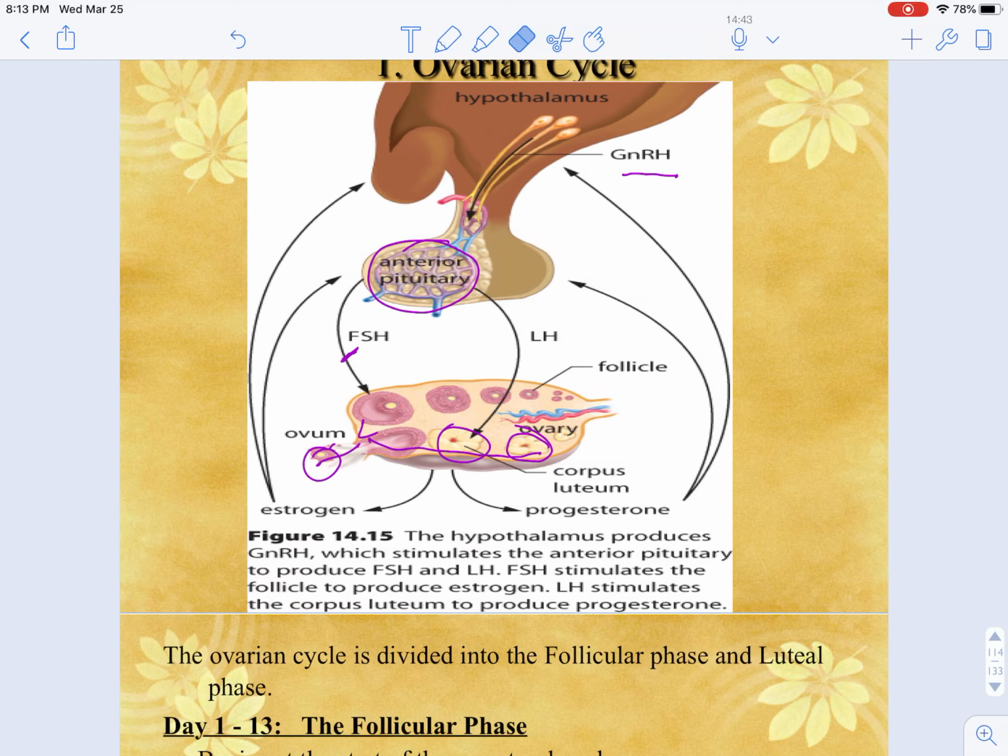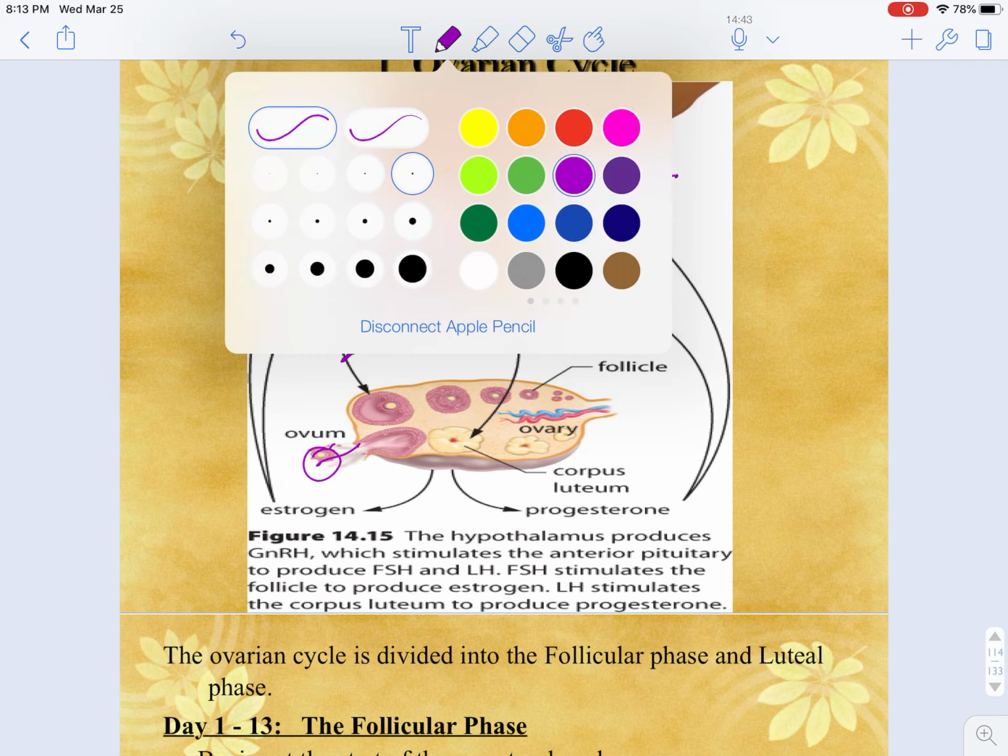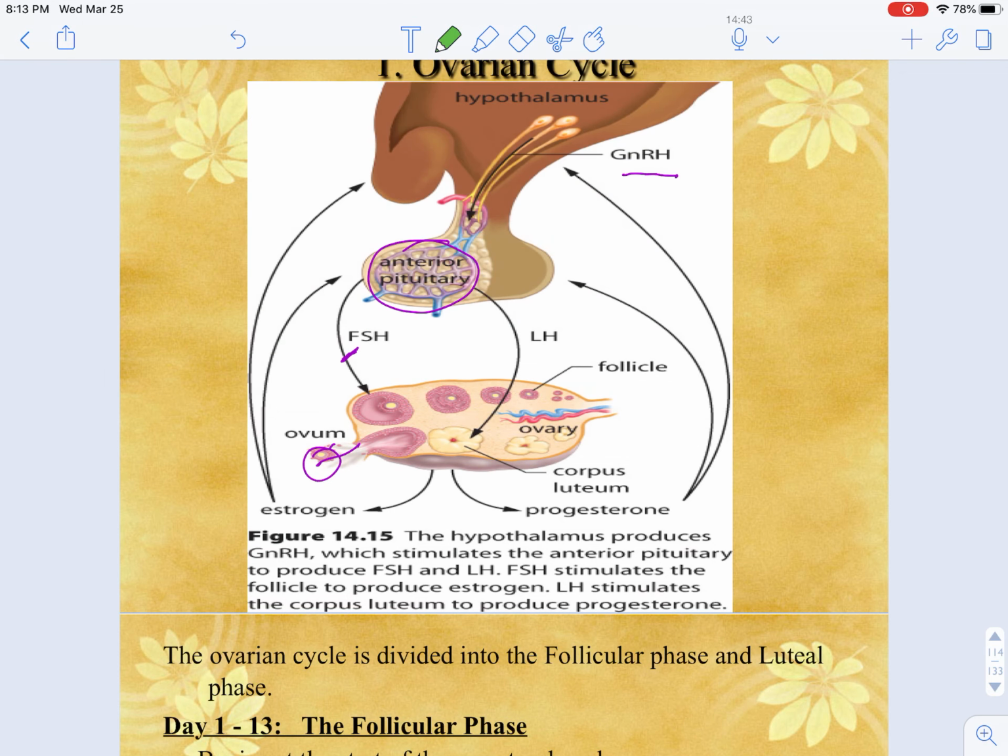So if you're looking at the follicular cells before ovulation, they mostly make the hormone estrogen. And that estrogen is going to affect the lining of the uterus in preparation for a possible pregnancy.